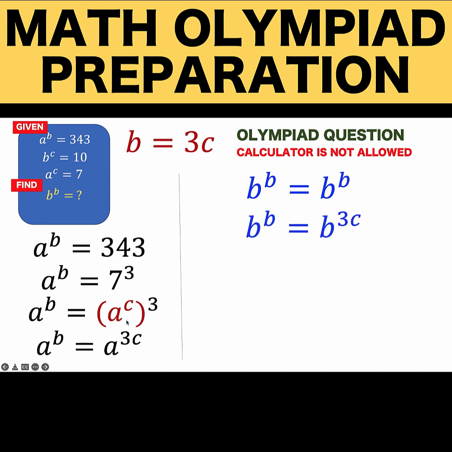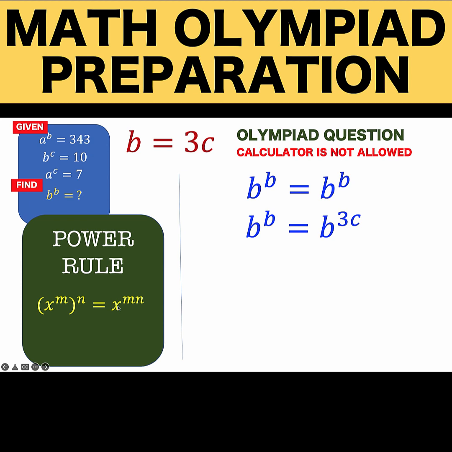Now again, let's go back to the power rule. If we take the converse of this power rule, if we start with x raised to m times n, which is the form of b raised to 3 times c, where our m is 3 and our n is c, then we can write this b raised to 3c into a form similar to this left side of the power rule.